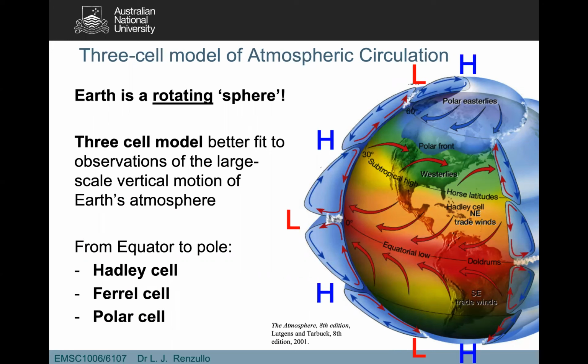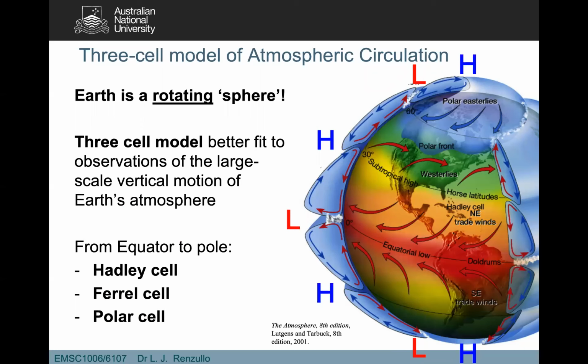So this 3-cell model, starting at the equator, we have, in honor of George Hadley, the Hadley cell. This is where the intense heating at the equator results in that uplifting of warm, less dense air, creating a low pressure. The circulation descends around about the 30 degrees latitude mark. And that cell, we've got one either side of the equator, is called the Hadley cell.